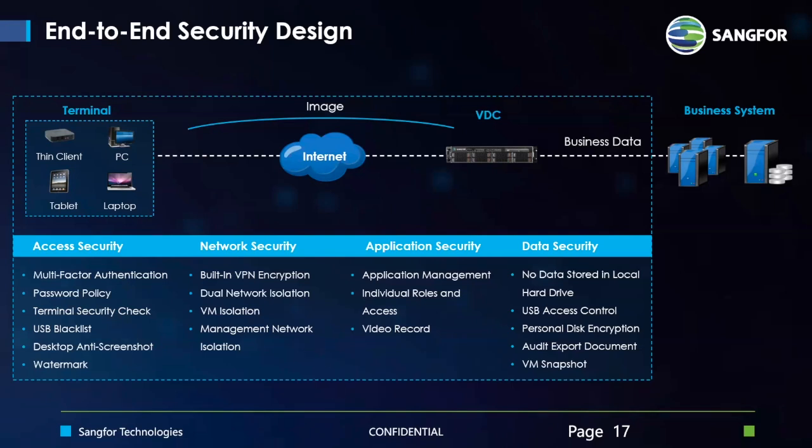You can do that password policy. Terminal security check, like which terminal you are connecting to, the compliance check. USB blacklist, you can blacklist the USB so that it will not work with your PC, laptop, or the thin client.